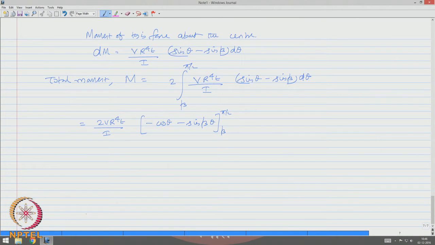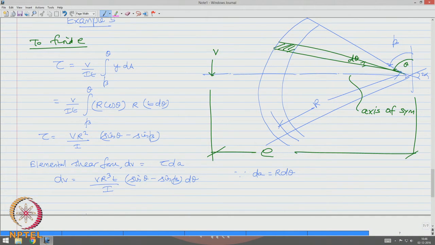We also know from the figure that pi by 2 minus beta is alpha, that is this angle. This angle will be actually alpha because the total angle subtended is 2 alpha.